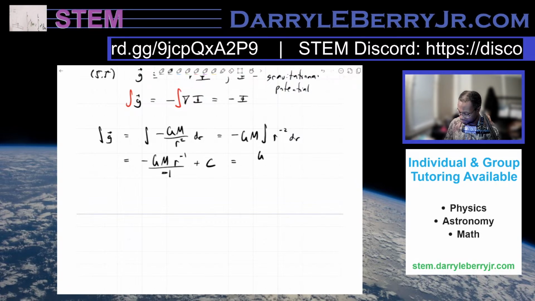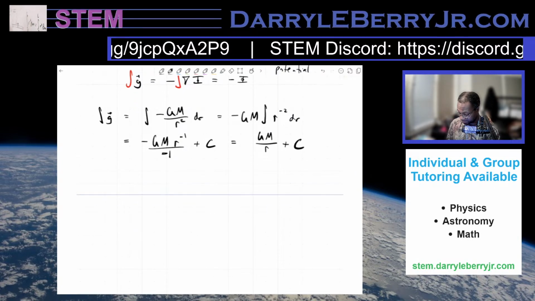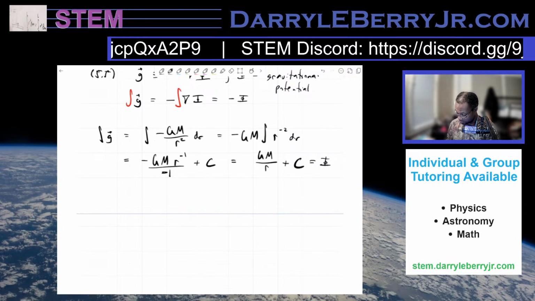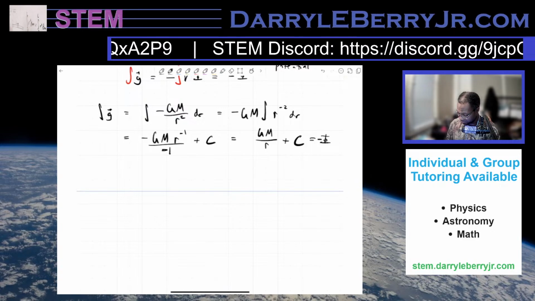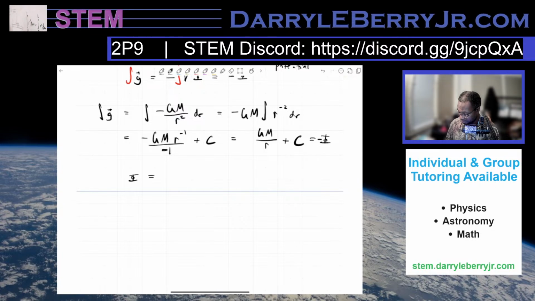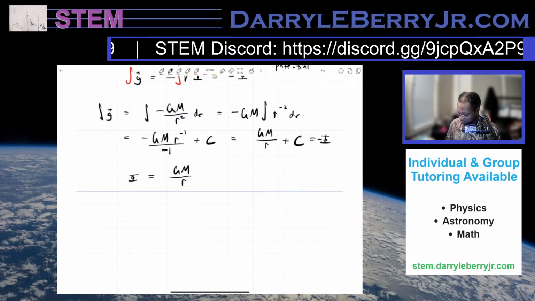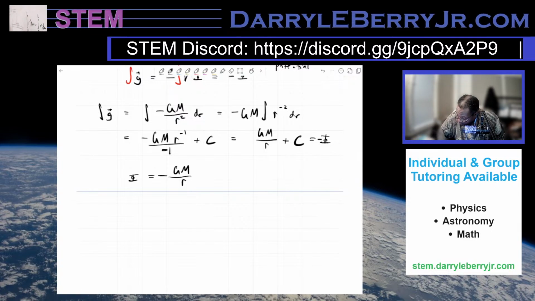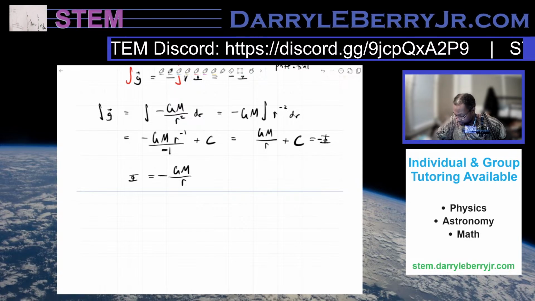So that'll be G M over r plus C. I've noticed what the textbook has, and I'm not sure exactly what we do with the constant of integration or the r hat, but I'll just not worry about that for now since it's not needed. So this is our gravitational potential.